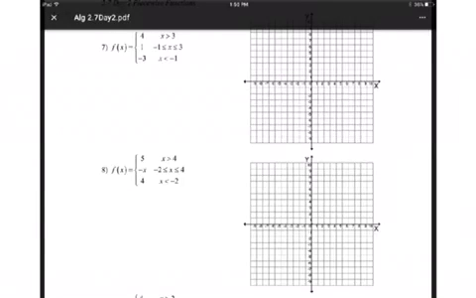So this one has 3 pieces. So we need to look at our entire domain here. So we've got everything that is bigger than 3. So I've got the point 3, 4 that I'm going to graph. Over here, I've got 2 endpoints, so I'm going to have to look at 2 points for that.